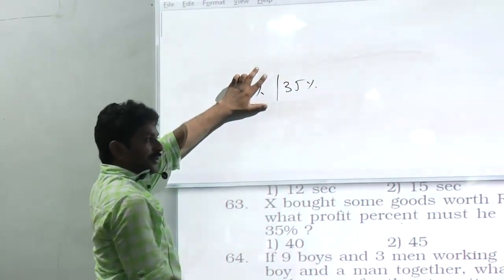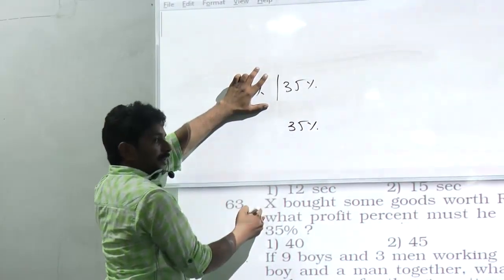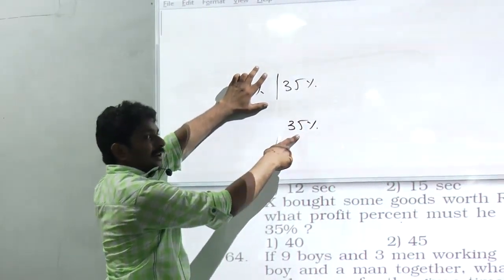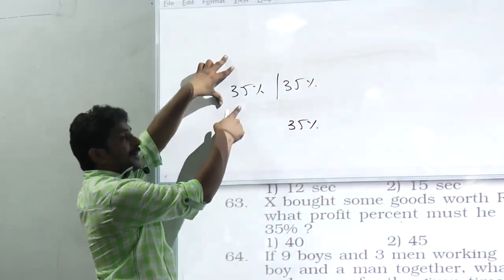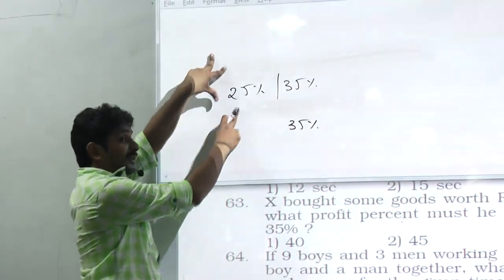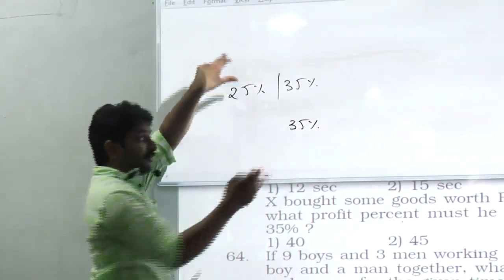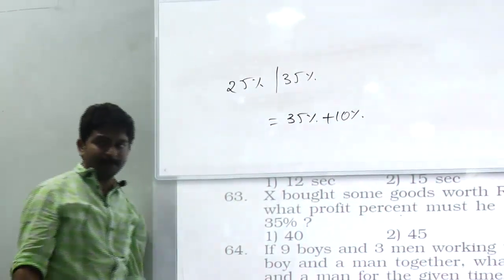This is already sold out. You're asked about this. So on this definitely you need 35%. This will be your final answer if you get 35% on this. But what is the profit obtained in first part? 25% only. But to make it 35%, you again need 10% more from this part. So that is total 45%.